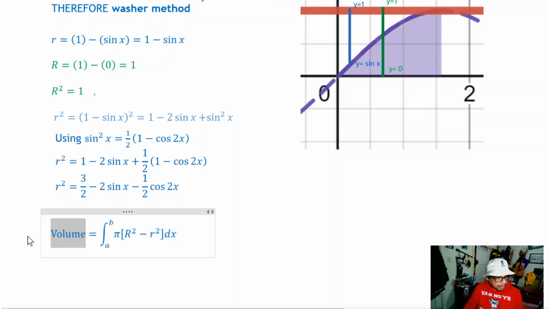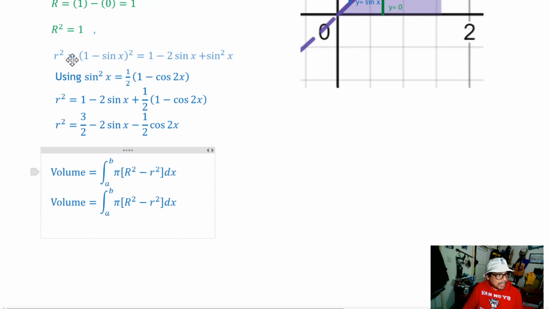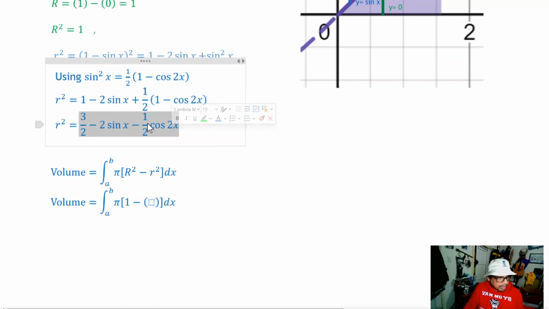Let's take this formula and substitute my big radius and my little radius. See what we get. The big radius squared was 1, so let's substitute that with a 1. And then the little radius squared, let's substitute that with this one right here.